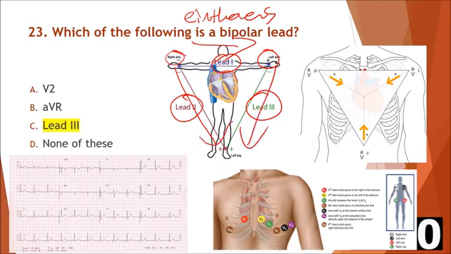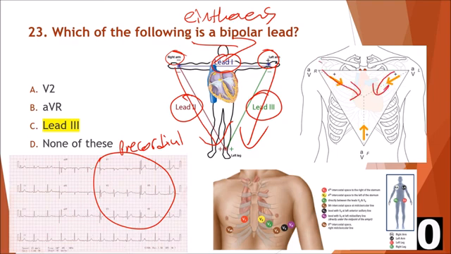That's why those are called bipolar. V2, V1 through V6, these are your precordial leads. And then AVR, AVF, and AVL, right? These are monopolar because they're only using 1 pole. They are different from the limb leads.